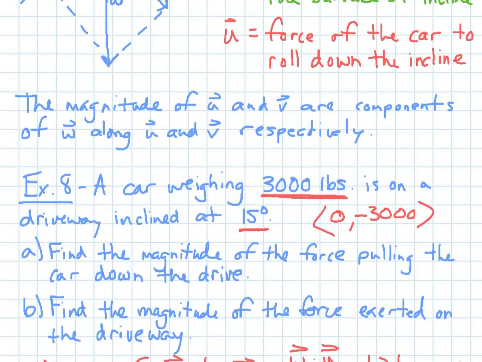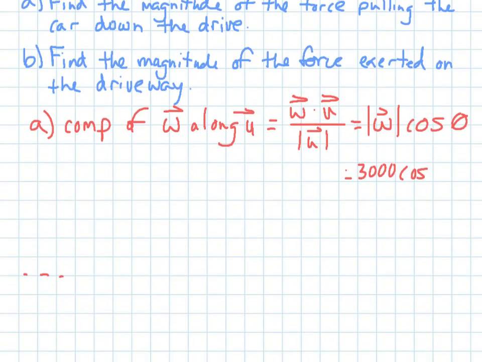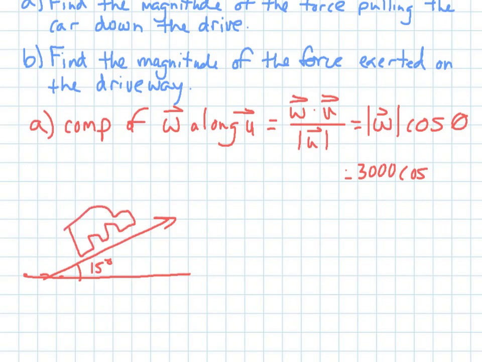So if we go back to our picture, or make a picture, if the incline is 15 degrees, and here's your car, sorry for my poor drawing skills, then this part is 15, but it's the angle at which U is looking at, so this one is going to be 75 because here is a 90-degree angle, completing the triangle. So that's the actual angle that you want to use.